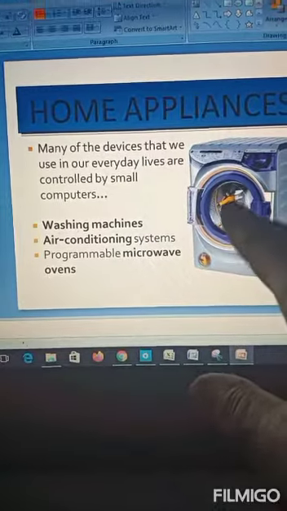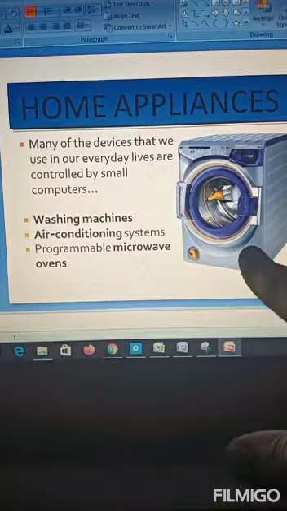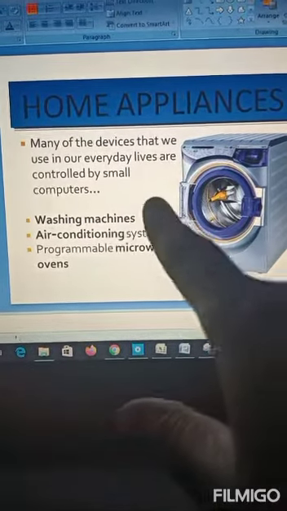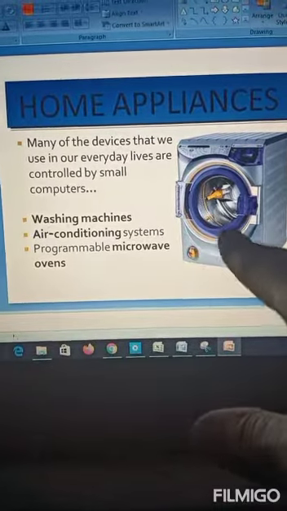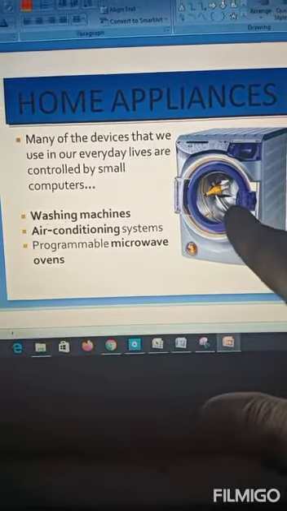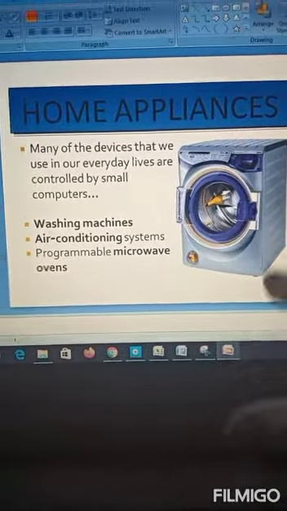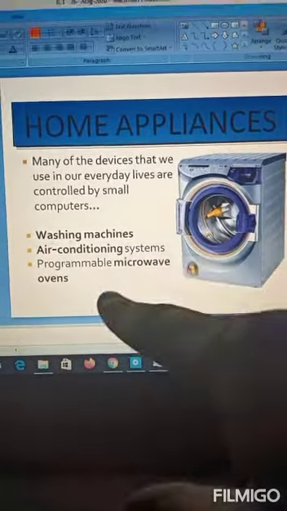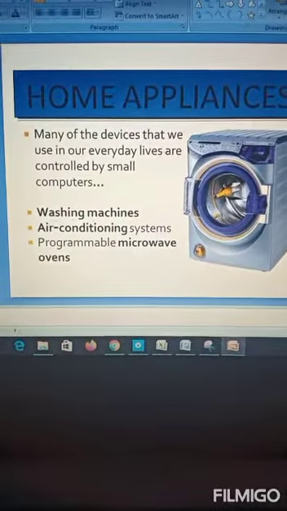There are many computers installed in these gadgets, in these devices. So these appliances are controlled by computers. So see, you have computers at home apart from your laptop and desktop.